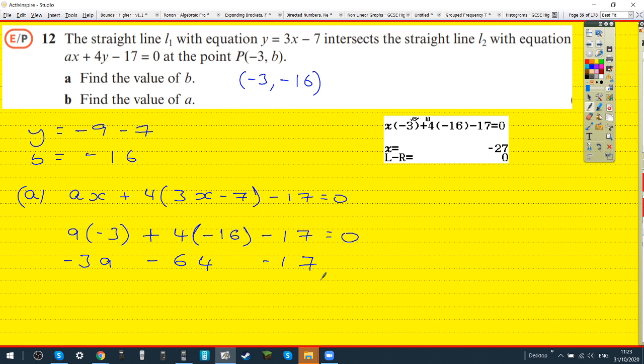So you bring those to the other side and simplify, so it would be minus 81. And when you bring it to the other side, it becomes plus 81. So what is 81 divided by minus 3? Oh yeah, it's minus 27. So a is minus 27. Great. That was not as bad as I thought it would be.